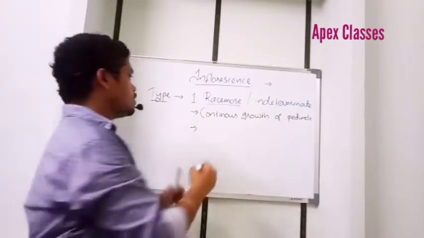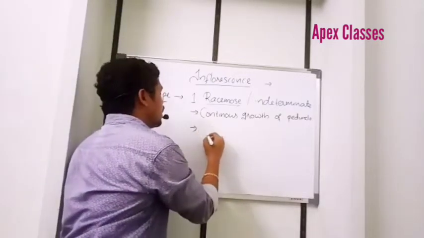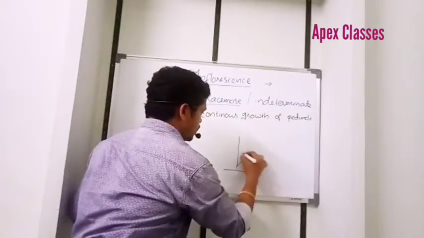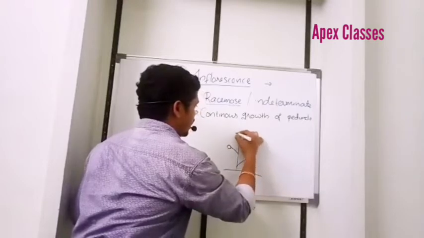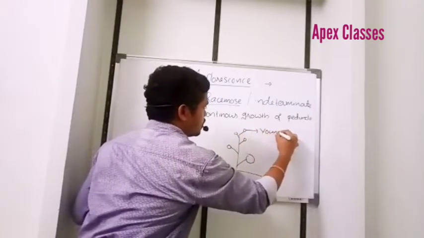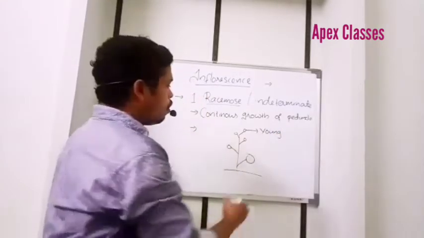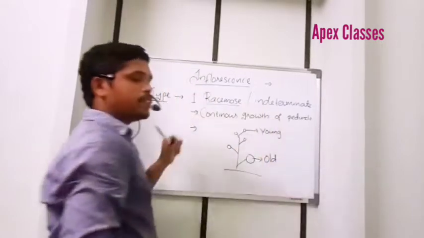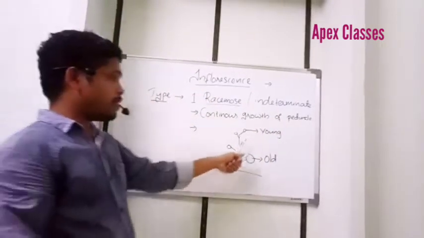The peduncle possesses younger flowers at the tip. See, like this, the flowers are arranged from the basal region upward. Younger flowers are at the tip and older flowers are at the base.